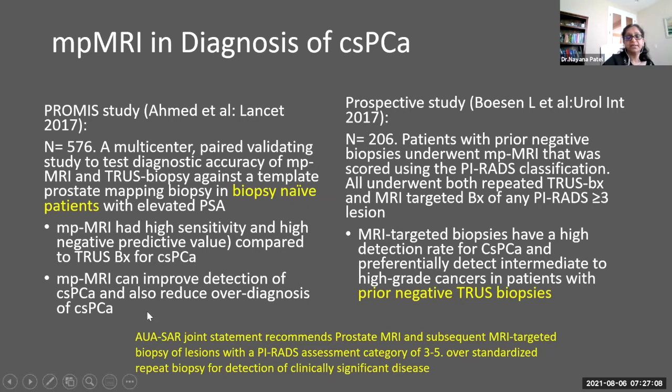So the American Urological Association and Society of Abdominal Radiology joint statement actually recommends prostate MRI with subsequent MRI targeted biopsy of the lesions seen with MRI over the standard repeat TRUS biopsy for detection of clinically significant disease.